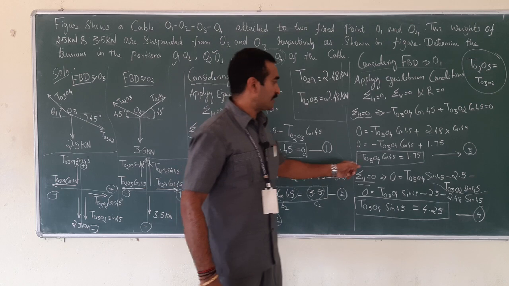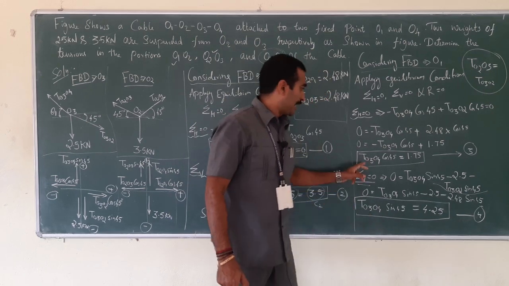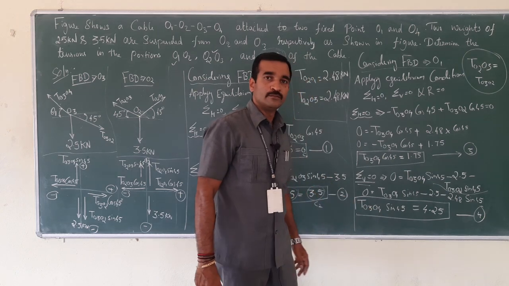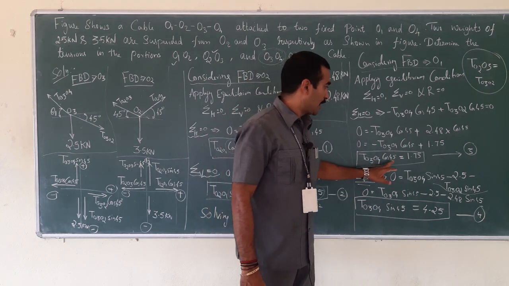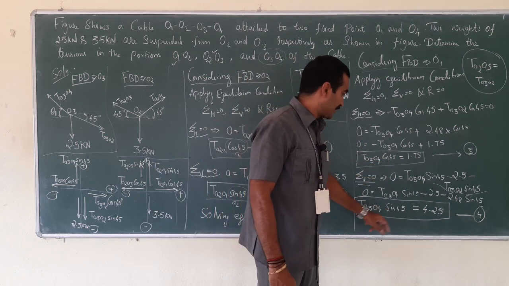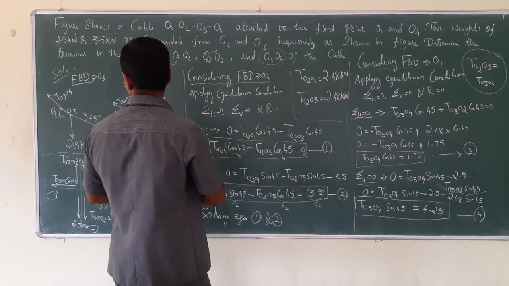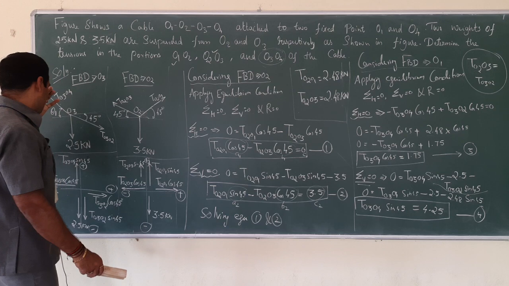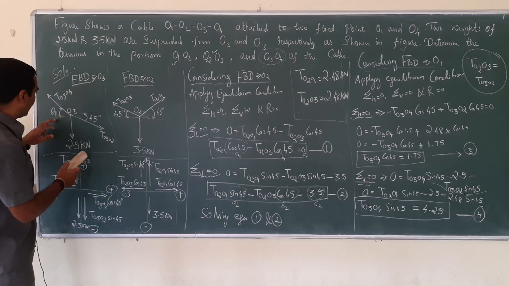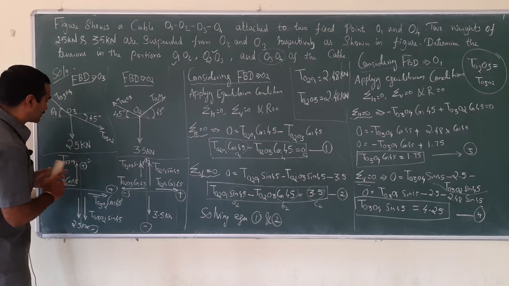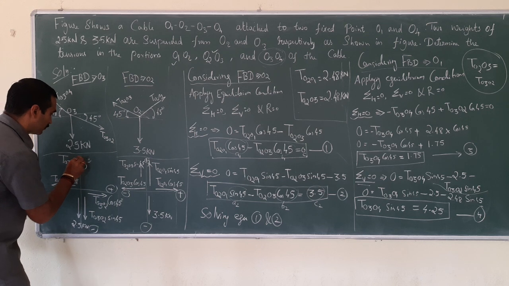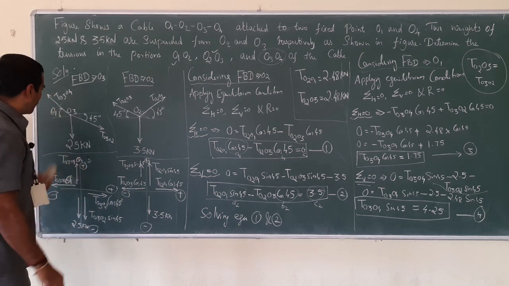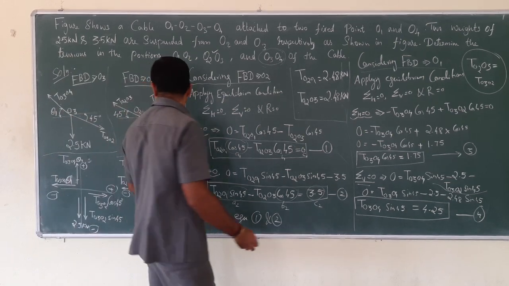Look at here, equation number 3 and 4. The unknowns are T O3 O4. Here it is cos 45, here it is sine 45. Sorry, actually I just missed one thing. Here instead of sine 45, you have to specify this as theta 1, because here the angle is unknown, right?